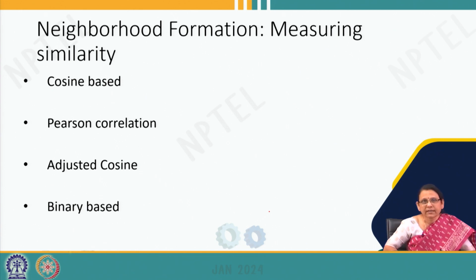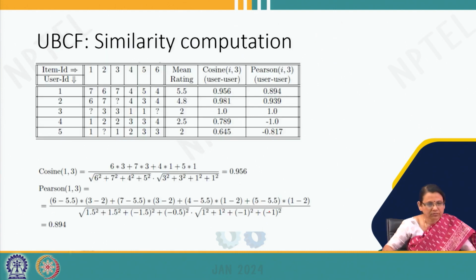However, in case of neighborhood based similarity, mostly cosine based, Pearson correlation and adjusted cosine are used predominantly, and in case the data is binary, we use the binary measures that we have already discussed. Now, let us have a look at the similarity computation.